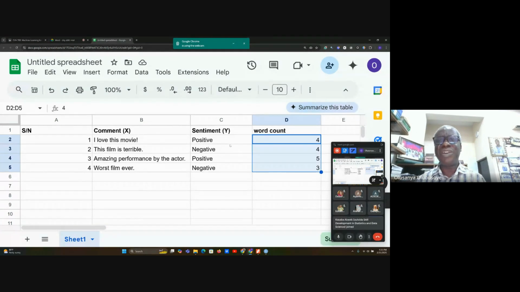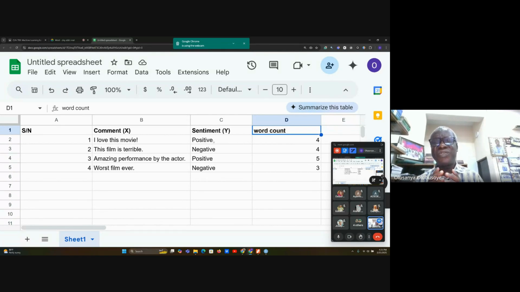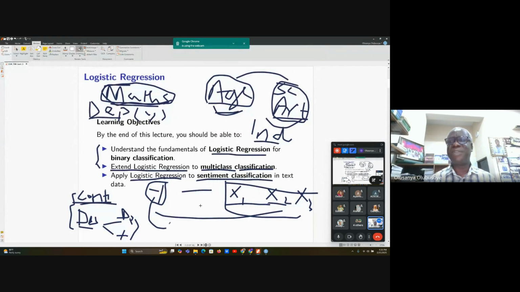So we can only use logistic regression when you have your dependent variable in 2 categories, as we have here, which is comment either taking positive or taking negative. So this one is not the one we have in mind in this lecture. So if that is clear, then we come back to our slide.